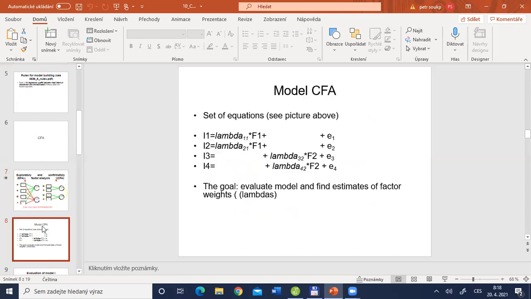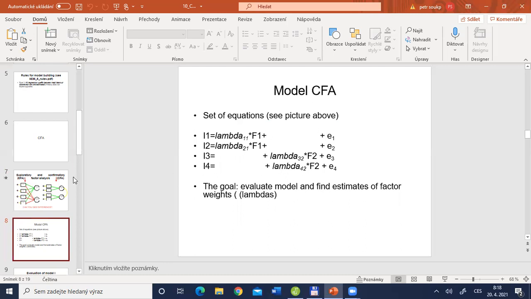That's why we have here on slide 8 a set of equations. So I1 is equal to lambda 1,1, so from the first item to the first factor, multiplied by the first factor, plus the first random error. Here is a missing part.